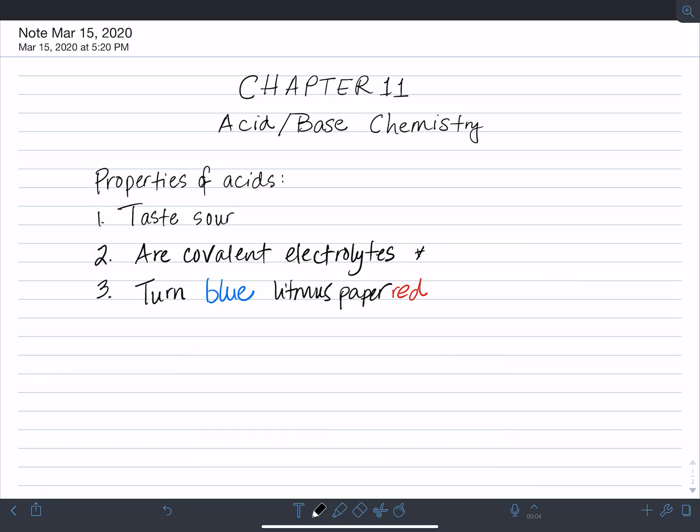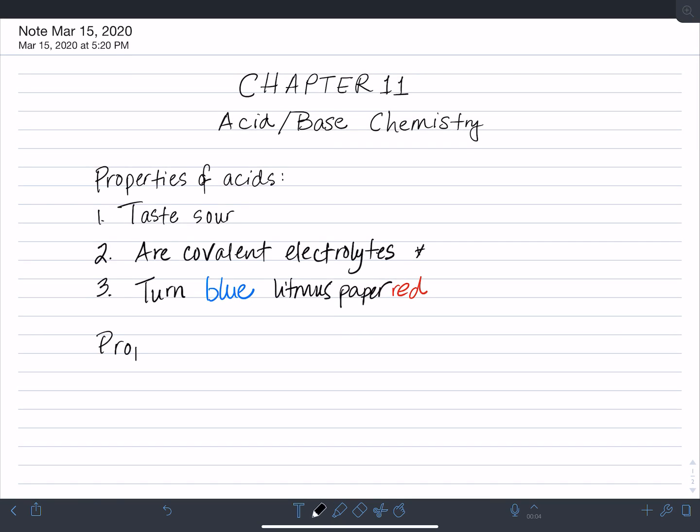Let's go ahead and talk about the properties of bases. Okay, let me list that up here. All right, so properties of bases. One property of bases is that they taste bitter.